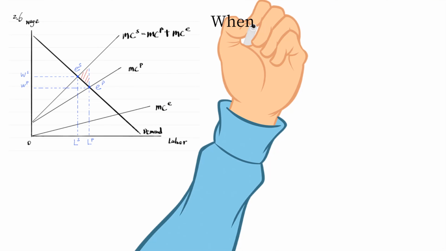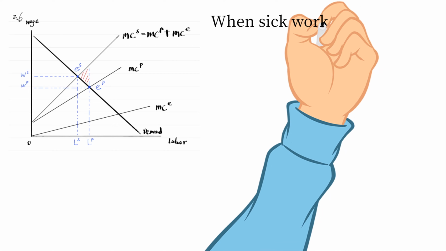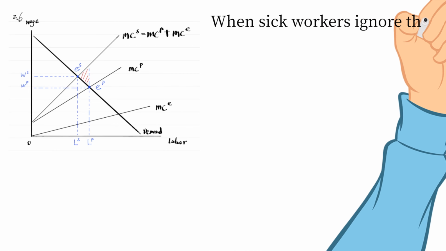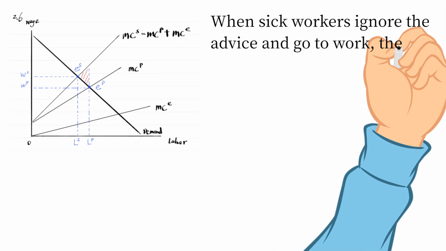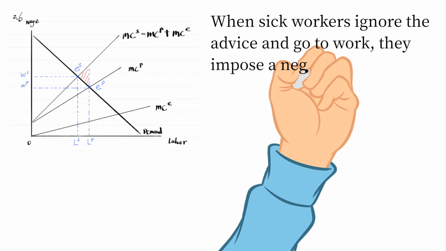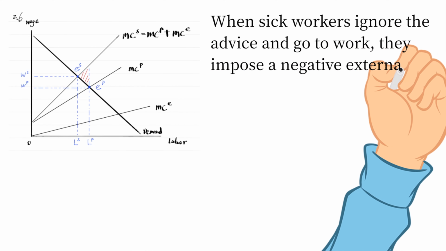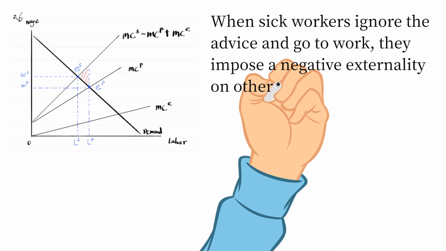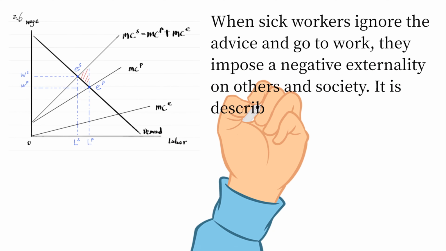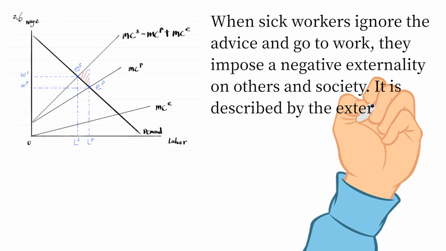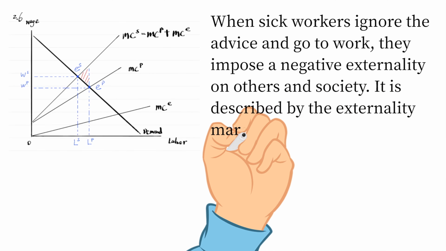We draw the labor supply and demand diagram to tackle the problem. When sick workers ignore the advice and go to work, they impose a negative externality on others and society. It is described by the externality marginal cost curve MCE.